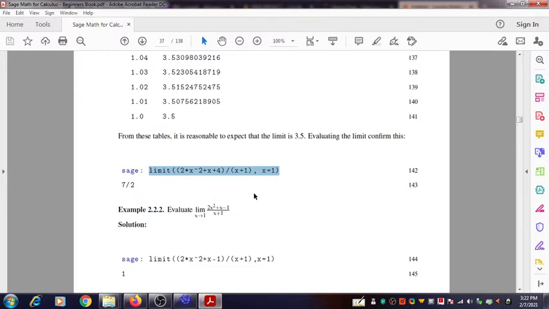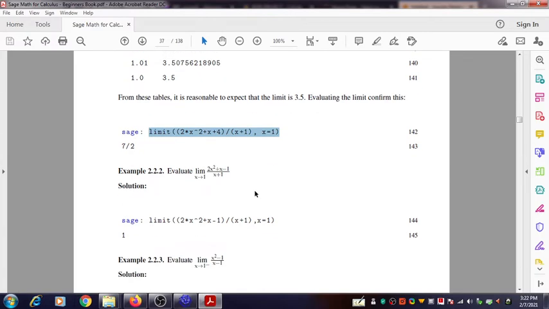Now we are going to see another example, 2.2.2. Here it is asked to evaluate the limit of the function 2x square plus x minus 1 divided by x plus 1 at the point x equal to 1.